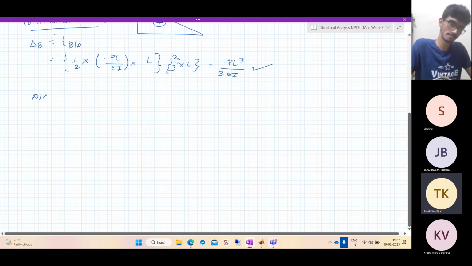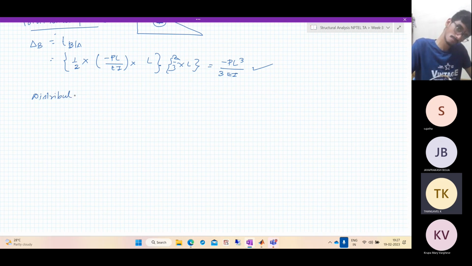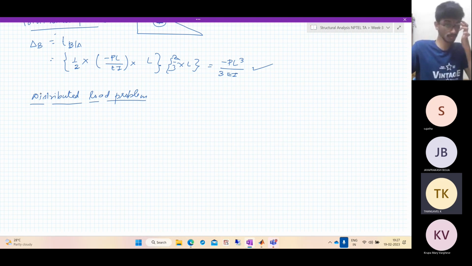Then for the distributed load problem, again the same delta B is this.